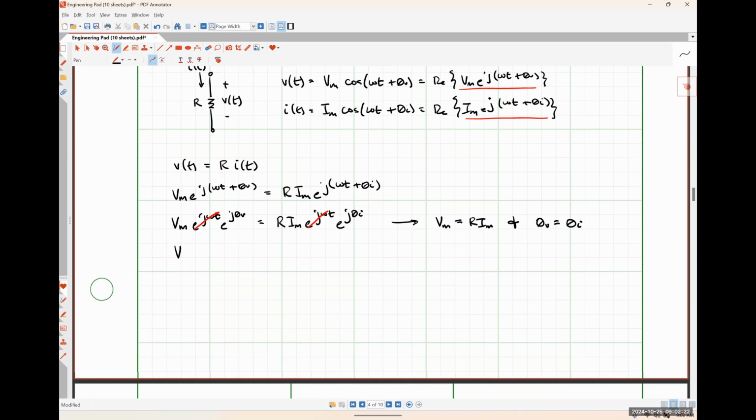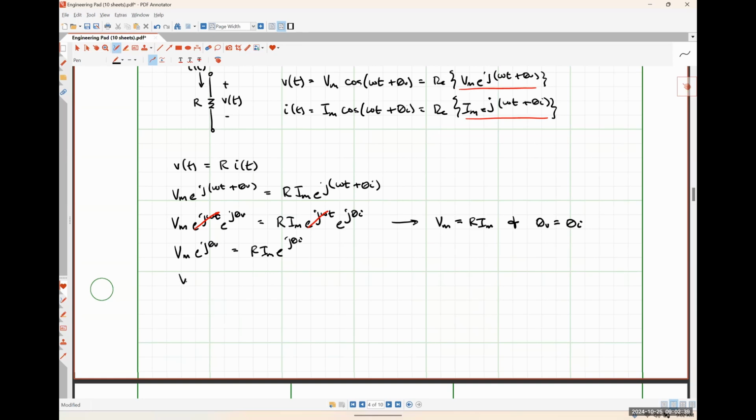Let me just come down one step here. So Vm e to the j theta v is equal to R times Im e to the j theta I. What if I wrote these exponential form complex numbers in polar form?